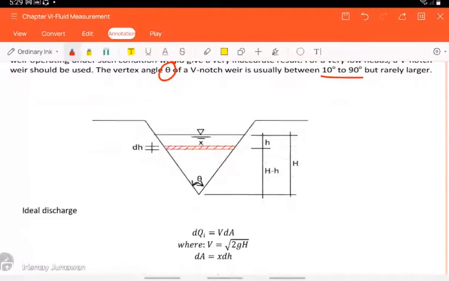Okay, so we have that theta. So again, you have to take an area for the fluid in the weir. So here dA is equal to x times dh. So that is that differential area. Again, that's from this formula dQ times CD.